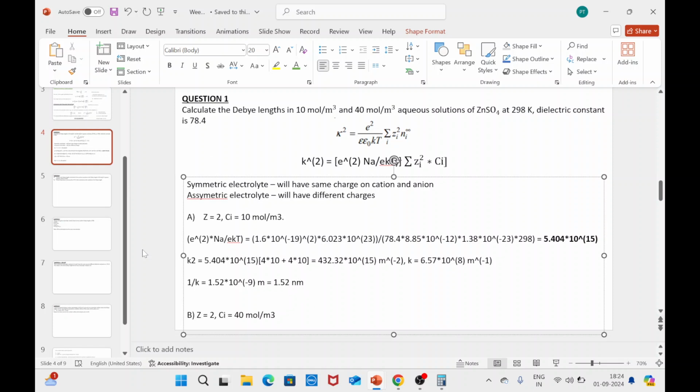So you can see the difference that comes with the Debye length if the concentration of the solution increases. The Debye length actually decreases with the increase in the concentration of your solution. So the question that arises now is what is the role of concentration, I mean the physical significance of why the Debye length decreases with the concentration of the solution.